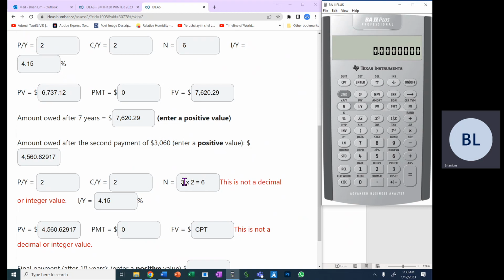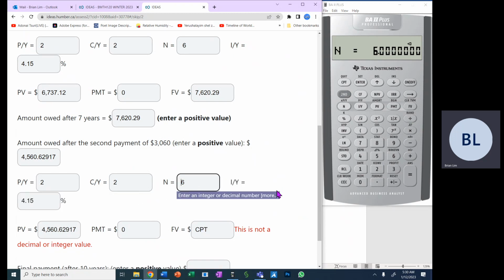So now we need to use this 3. Now, of course, if you recall n, you'll see it was 6 because 6 was the original number. But to do it properly, we put in 3 and we go second and N, and it turns out to be 6. In this case, those two happen to be the same number of years, so resulting in 6, 3 times 2, giving us the 6.